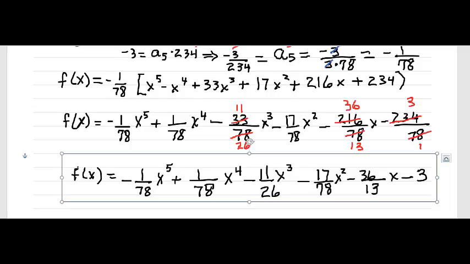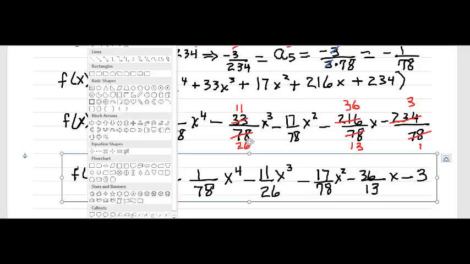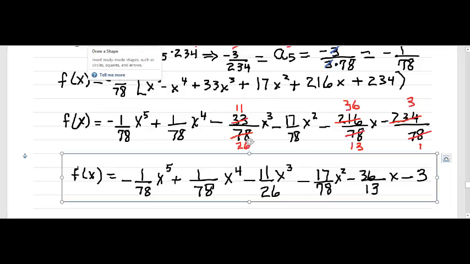And that is our final result. So that's the only fifth degree polynomial that satisfies the conditions. F of 0 is negative 3, and this polynomial has the 5 zeros that we needed to have.